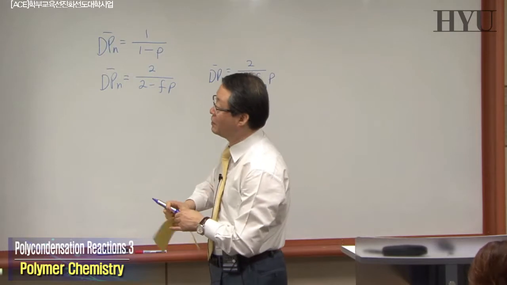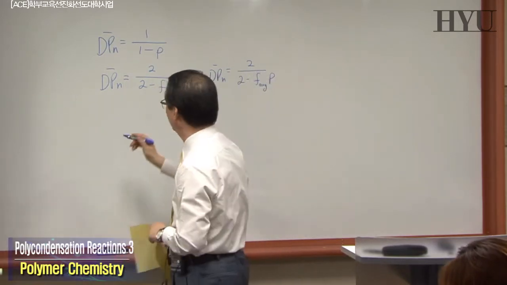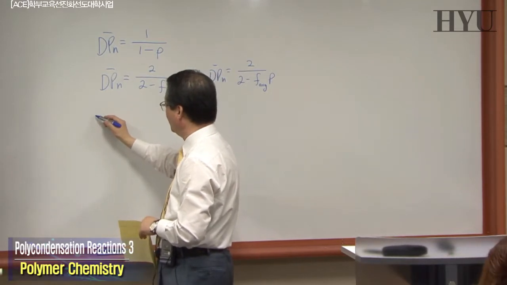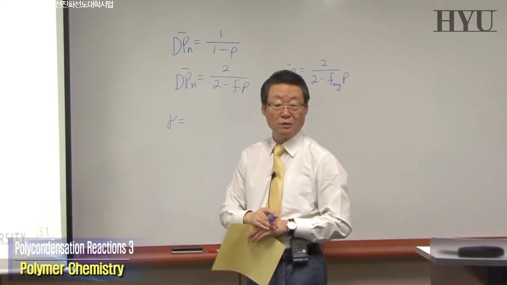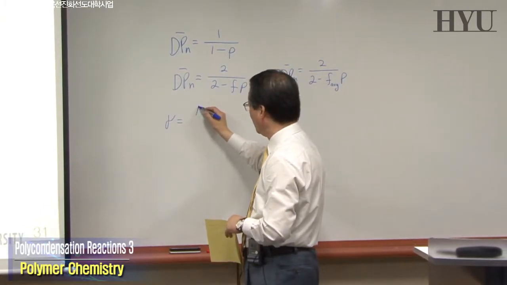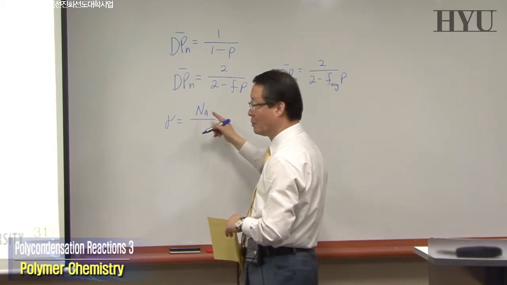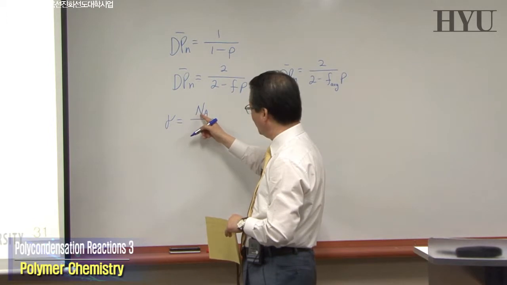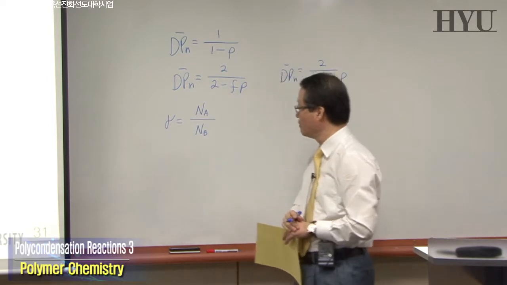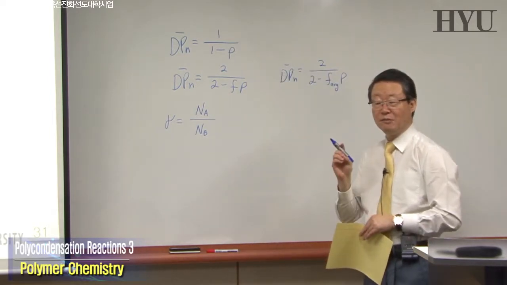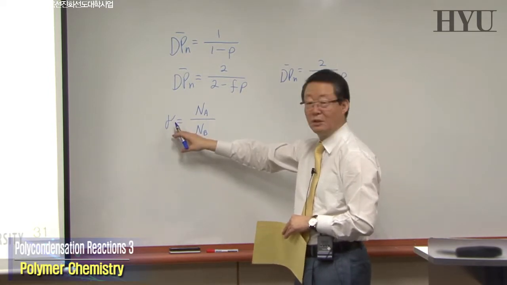Last time I think we talked about this DPn, where r is equal to the feed ratio. If you have A functional group and B functional group, and the number of functional groups in your monomer is defined as NA, and the number of functional groups of B is defined as NB, and if you have a little bit of excess of B functional group, then r will be less than 1.